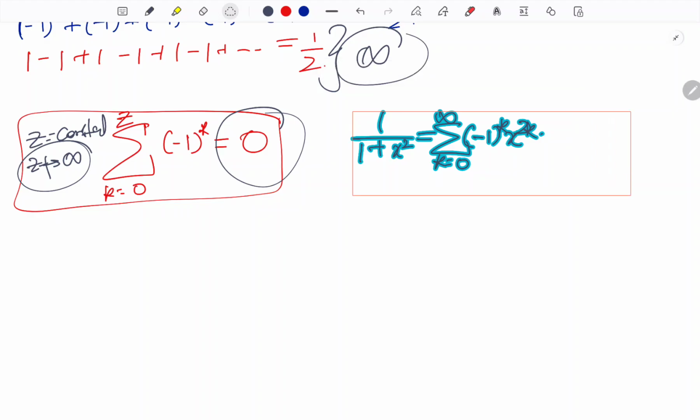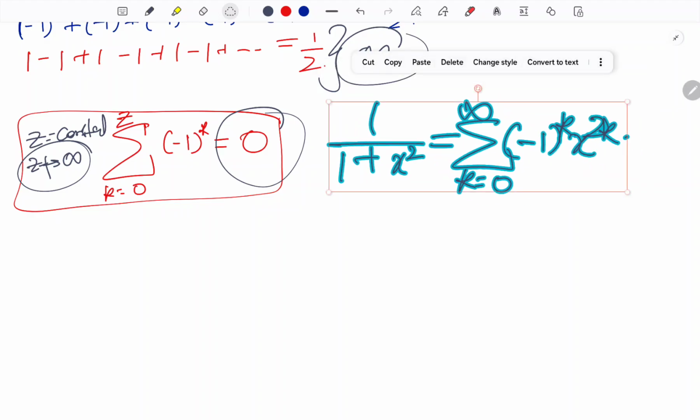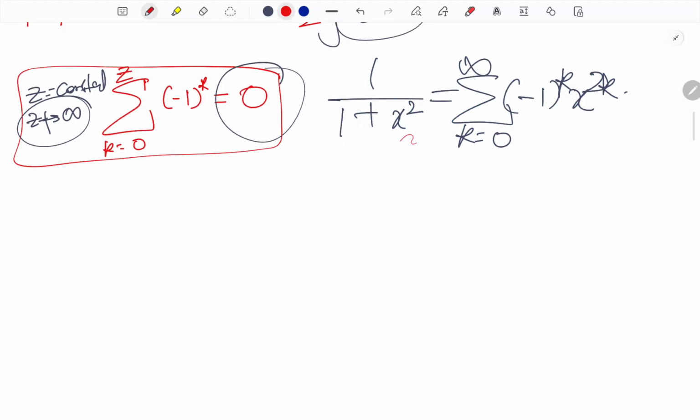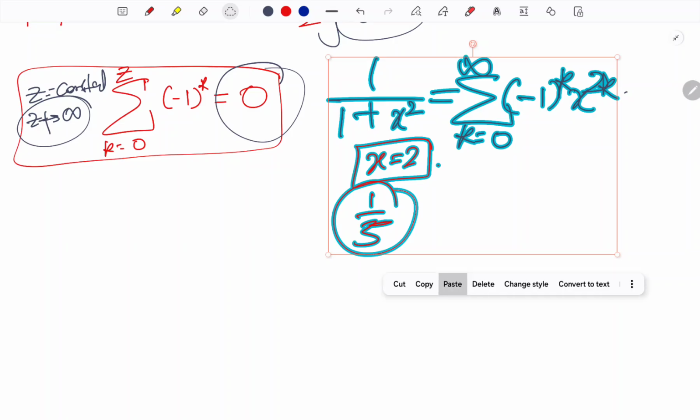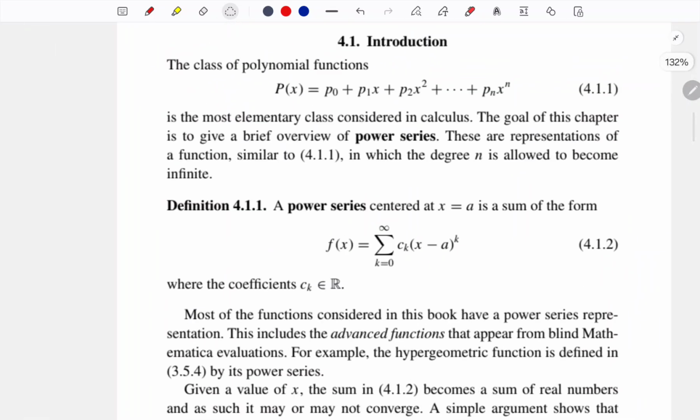So just look at this. Why did I take this here? Because when you plug x as, sorry, not 1 but x as 2, it's going to be 1 over 5. Yeah, that was true. And let's move on further in our book.